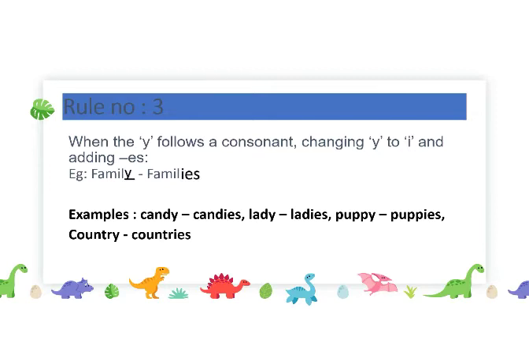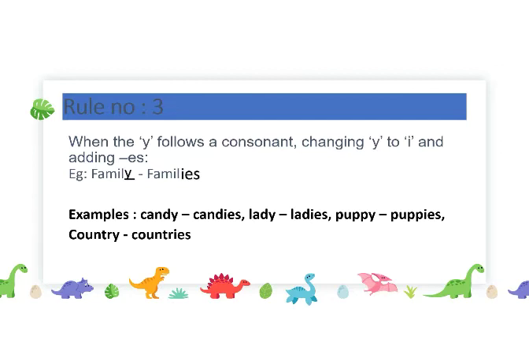L. Now tell me, is L a vowel or consonant? Yes, you all are right. It's L, that is a consonant. If a consonant is there before Y, we will change this Y into I and we will add ES.